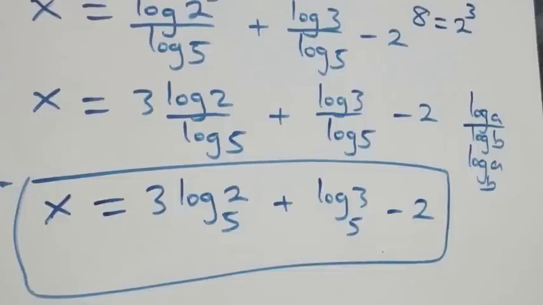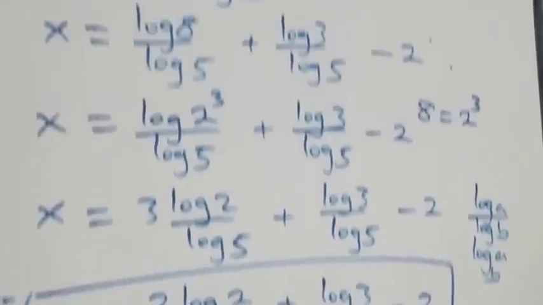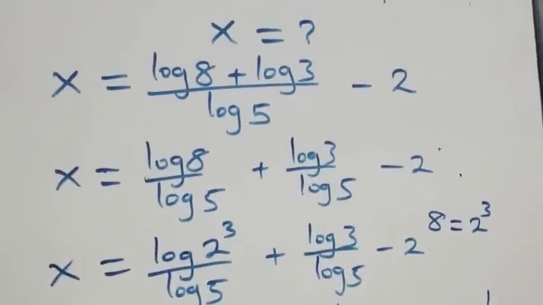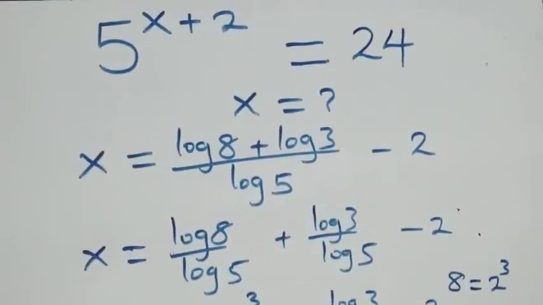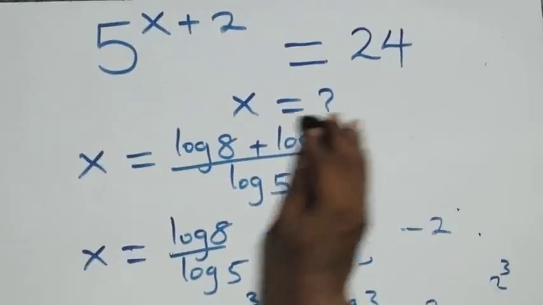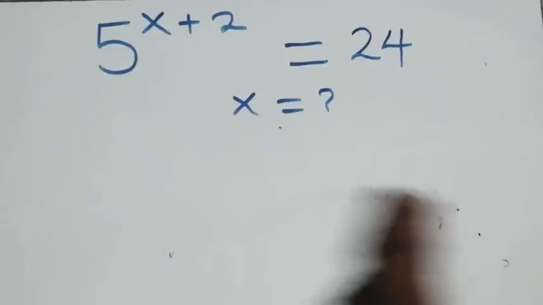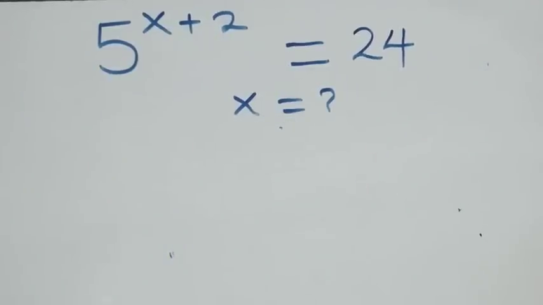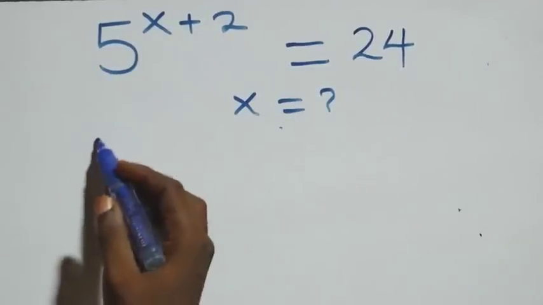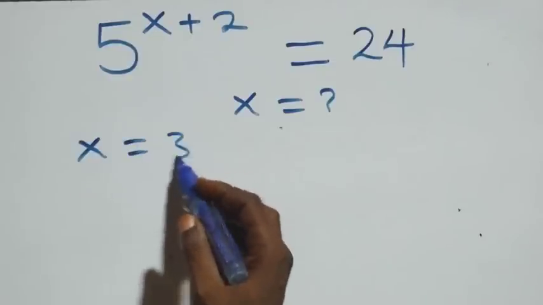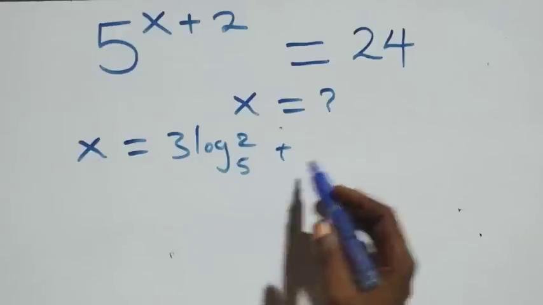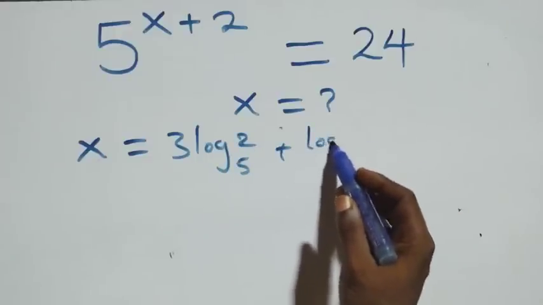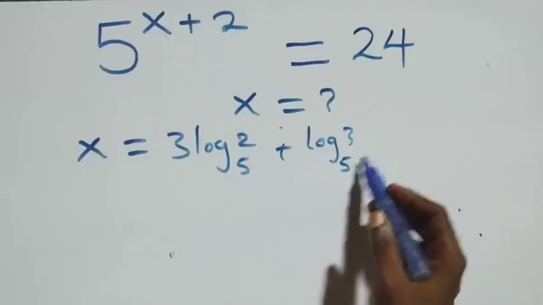Now let's check here if this satisfies this given problem. That is, we substitute the value of x here, which is x equals 3 log 2 base 5 plus log 3 base 5 minus 2 here.